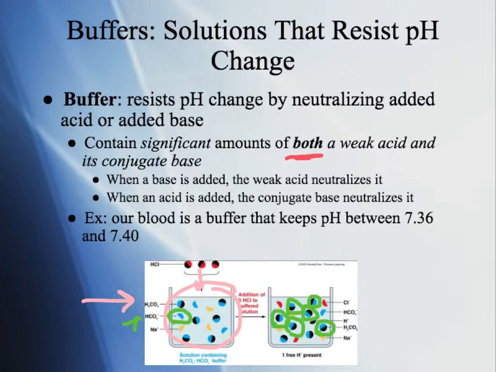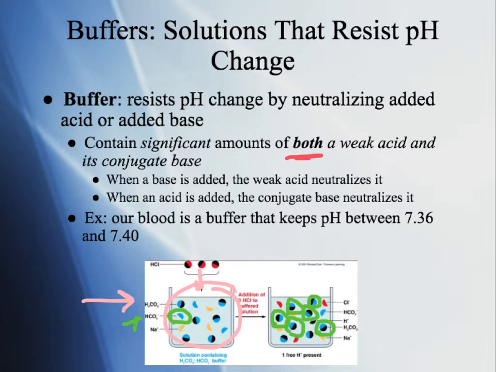Our blood uses carbonic acid and carbonate as its conjugate base, in order to keep our blood pH between 7.36 and 7.40. It's very precise in pH. Plus, if you think about it, a change of just 1 unit would be a 10-fold change in hydrogen ion concentration.